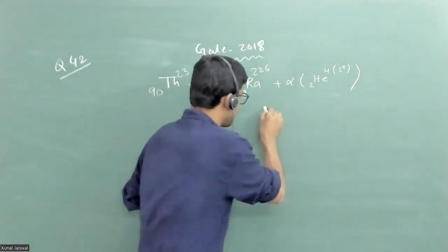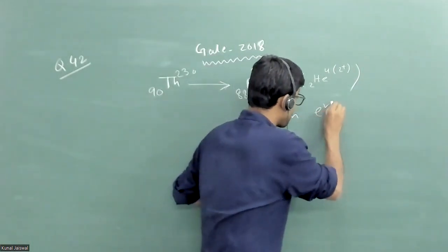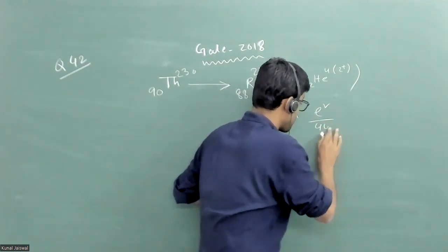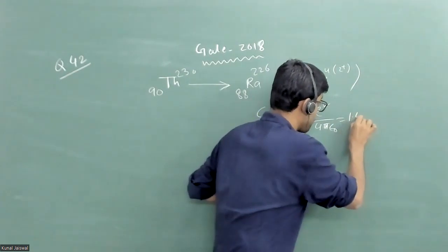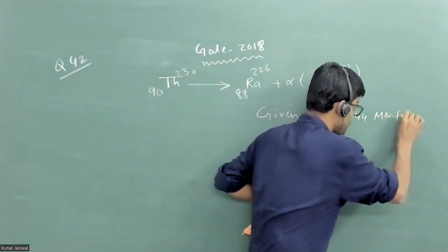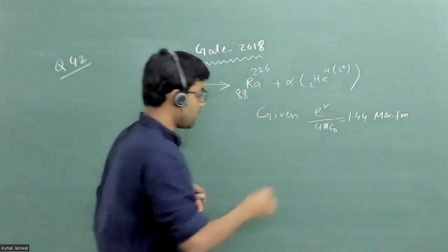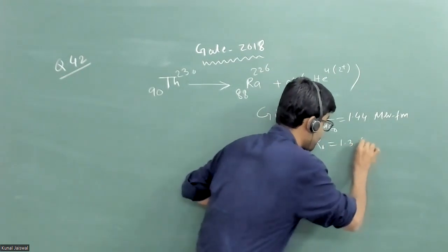And also it is given that e square by 4 pi epsilon naught is 1.44 mega electron volt femtometer, and R naught is given as 1.3 femtometer.